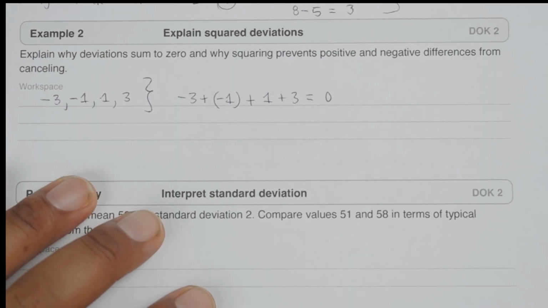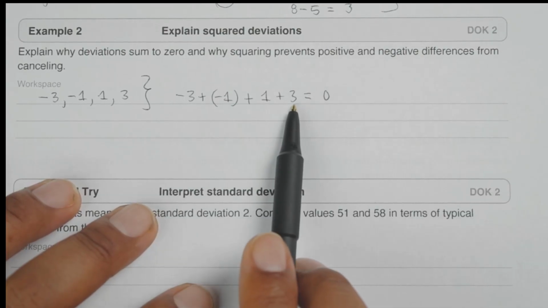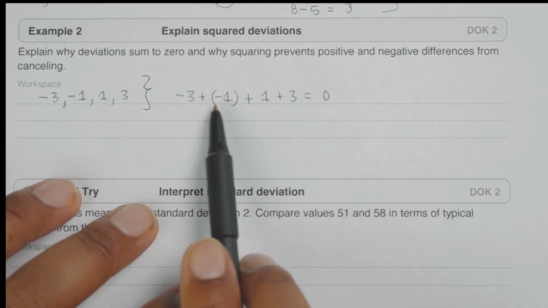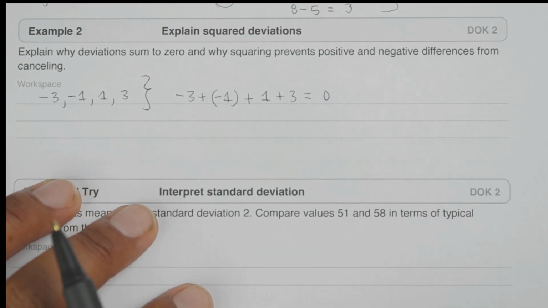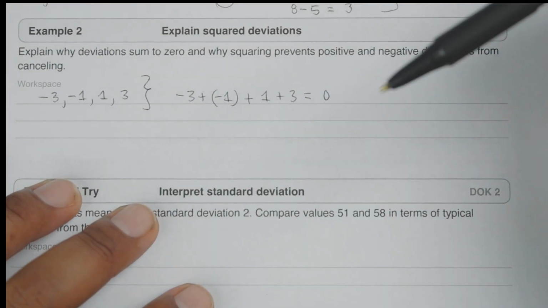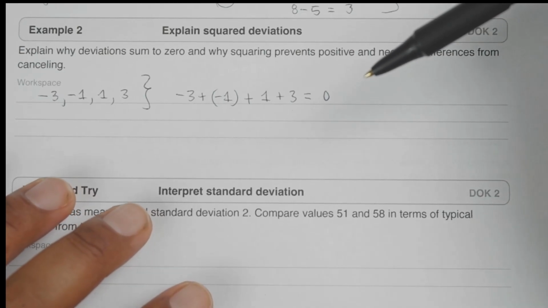When you add those up, you get 0. The negative and positive values cancel each other out. These two offset and those two offset. That's a problem if we're trying to actually measure spread.